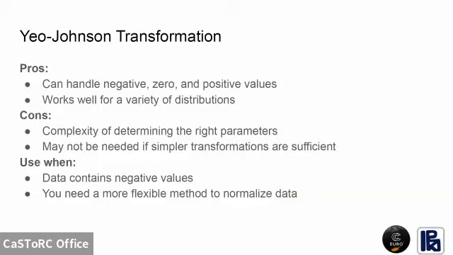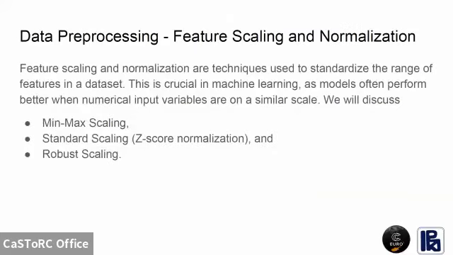You also use this if you want to convert your data to normal distribution and your data contains negative values, and also if you need a more flexible method to normalize the data. Okay, so you convert it from any distribution to normal distribution.